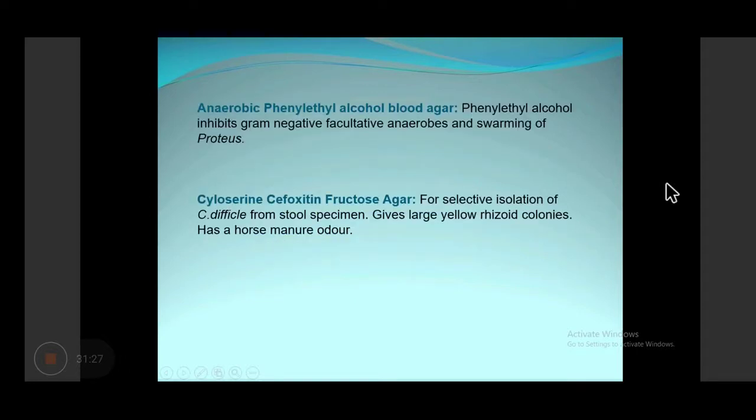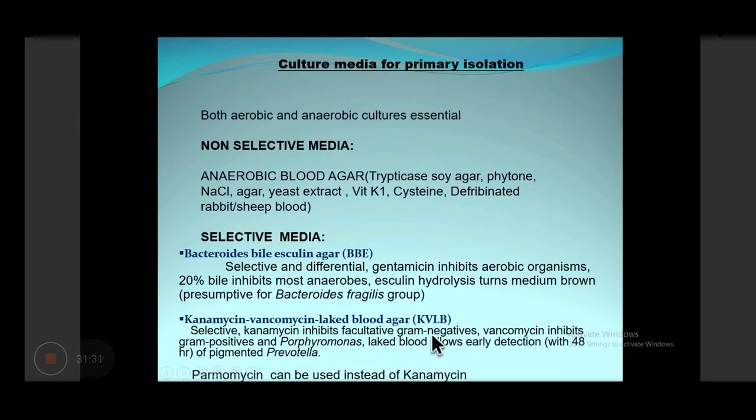The anaerobic blood agar plate contains blood only, and in KVLB, laked blood means hemolyzed blood. When the RBCs are hemolyzed, the ingredients of the RBCs come out into the medium, and they directly provide all the material to facilitate the growth of the desired organism.